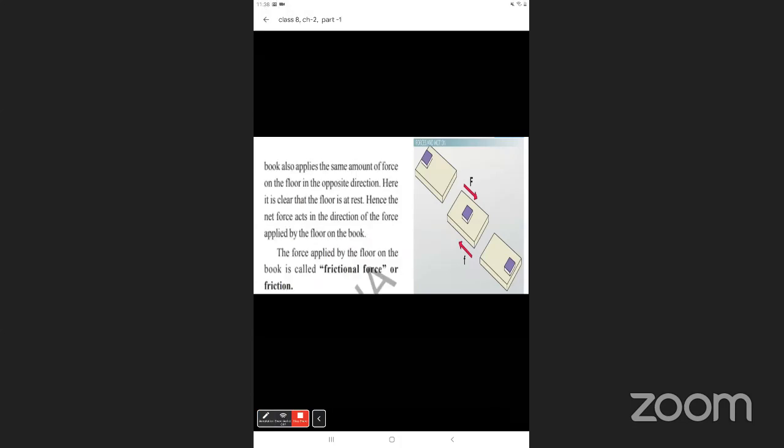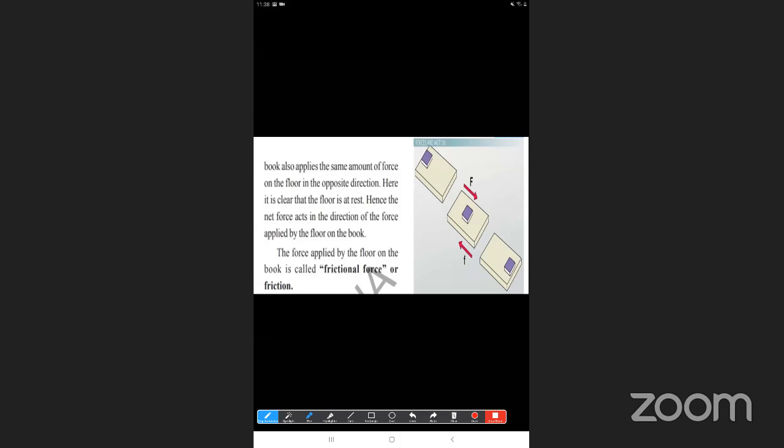This floor applies a force on the book in the opposite direction. Okay. So here, the book also applies the same amount of force on the floor in the opposite direction.